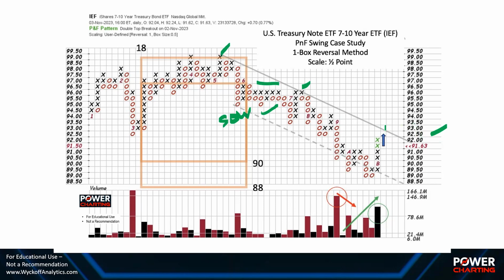I expect it will get out of the channel. Here's this beautiful Wyckoffian trifecta of an oversold condition after a long decline with a selling climax, and also fulfilling a distribution down count. That is a beautiful trifecta of events. We see that all the time in Wyckoff.